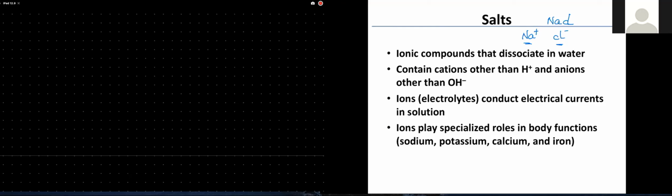Because they contain cations, positively charged ions, and anions, negatively charged ions, that will be attached to the two components here of the water, the hydrogen and the hydroxyl group.